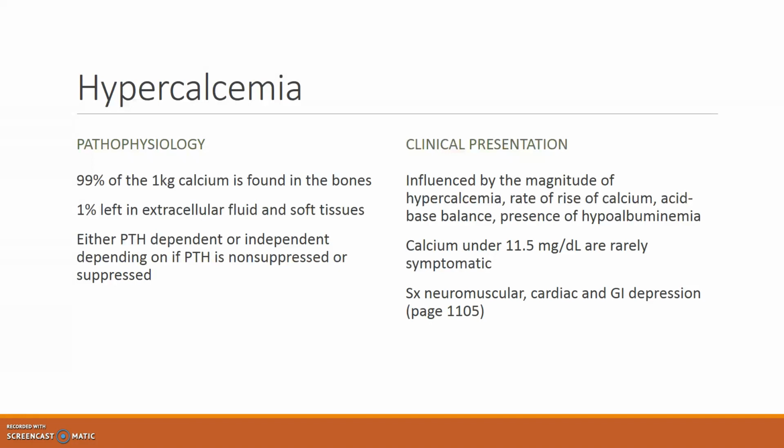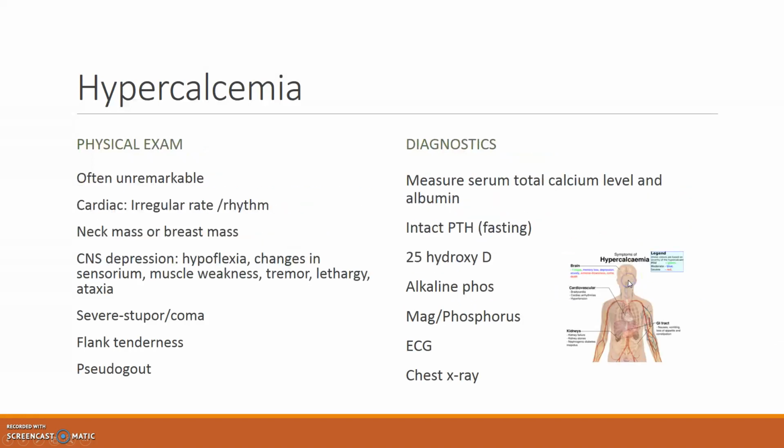They all influence the clinical presentation. Usually if someone's calcium is under 11.5, they're rarely symptomatic. However, when it is above that parameter, you're going to see neuromuscular, cardiac, and GI depression symptoms. And I want you to refer to page 1105 and just review those.